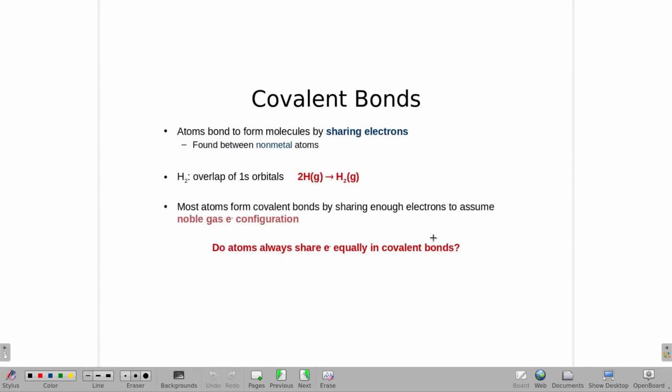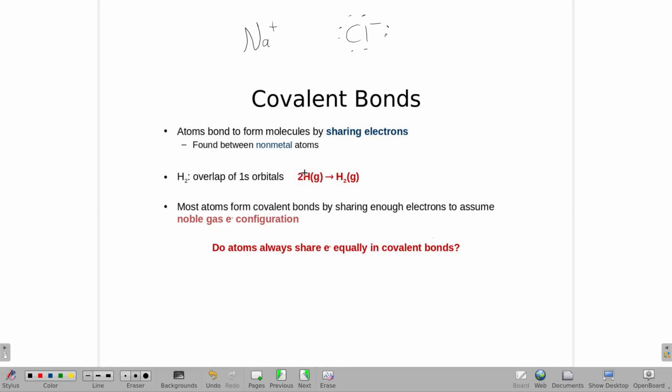Okay, on to covalent bonds. Technically speaking, a covalent bond is just where electrons are shared. So where sodium chloride, Na plus and Cl minus, all those outer electrons ended up totally on the chlorine and none of them were on the sodium, and there's an attraction between that positive and negative ion.